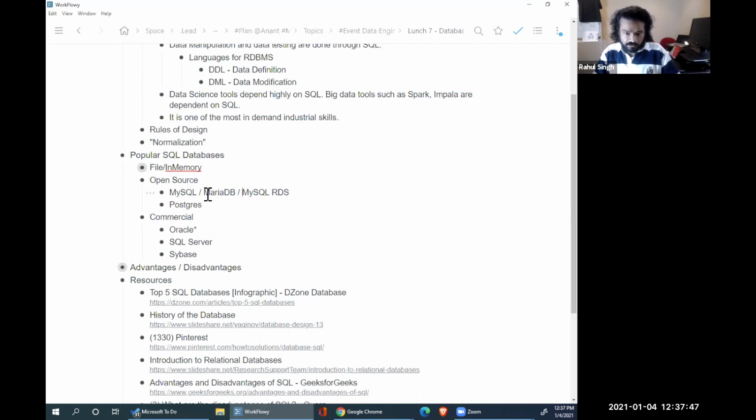Actually, I should prefix this with AWS. There's also something called Aurora DB for MySQL on AWS, which is a newer technology for doing master replication of data.